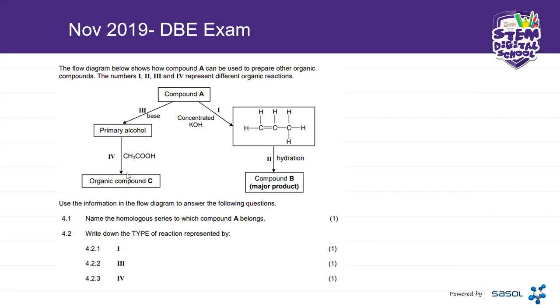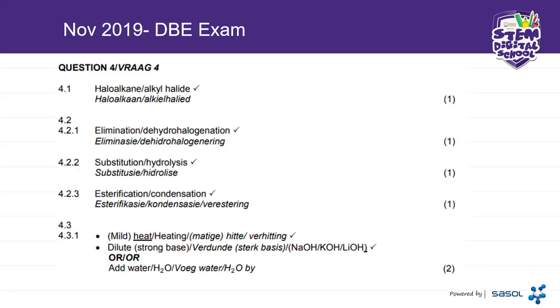It says use the information in the flow diagram to answer the following questions. On 4.1, name the homologous series to which compound A belongs. So now we're going to see it's going to be a haloalkane.